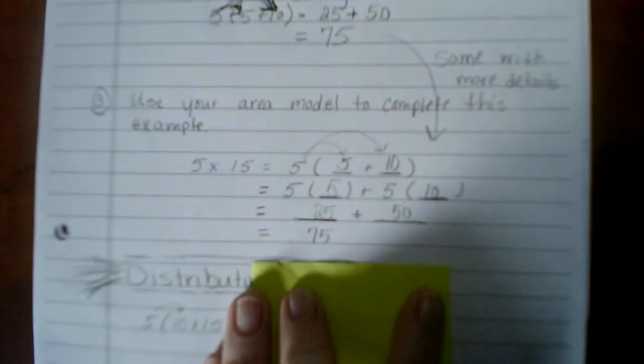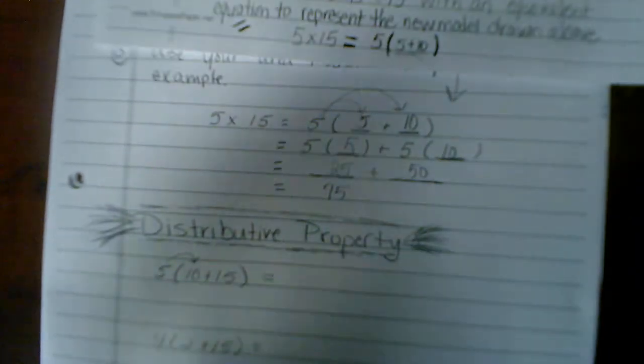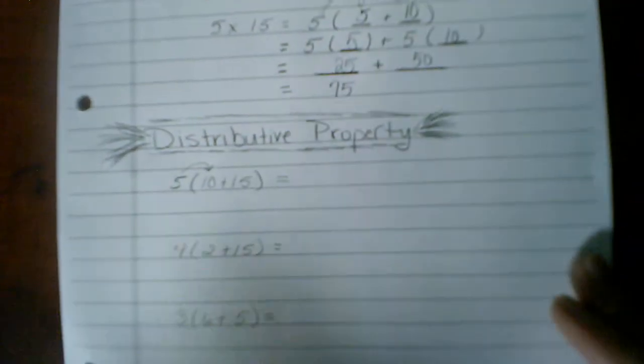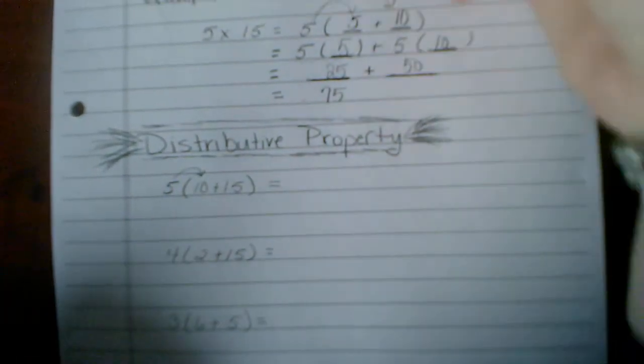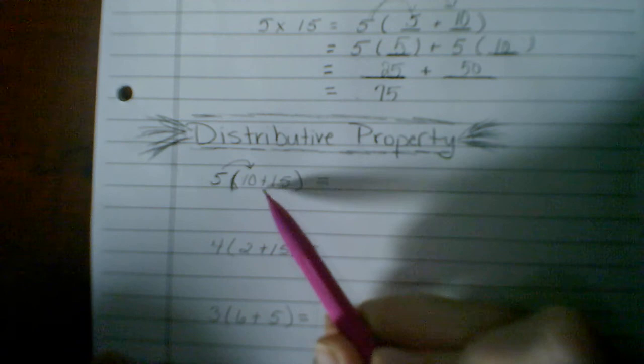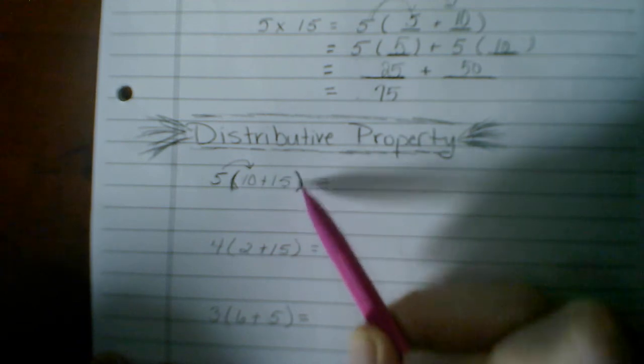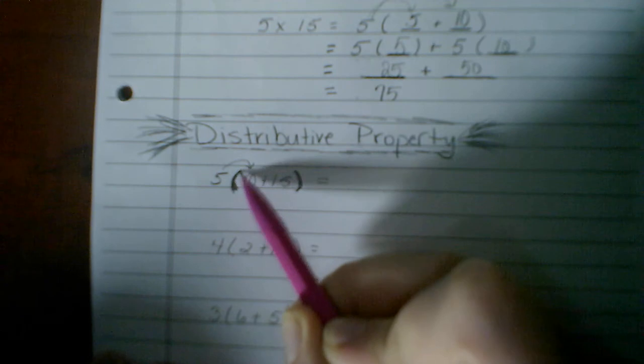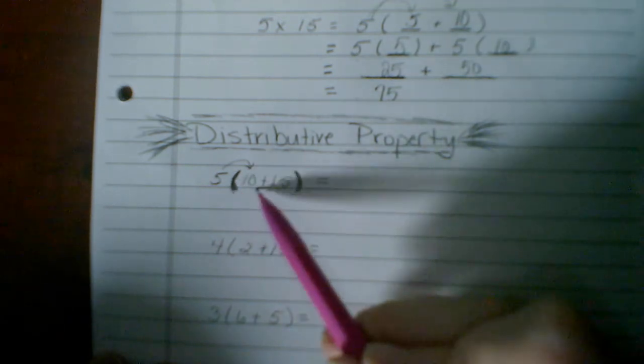Okay, so we have figured out the distributive property. We are going to do a couple more examples before we are finished with this. Okay, so the distributive property over multiplication. This is our first example. To properly read this, we would say 5 times the quantity 10 plus 15. So to properly read it like a mathematician, when we see parentheses, we say the quantity.